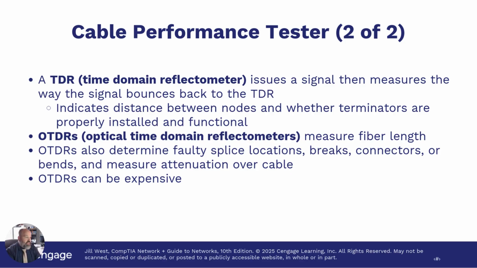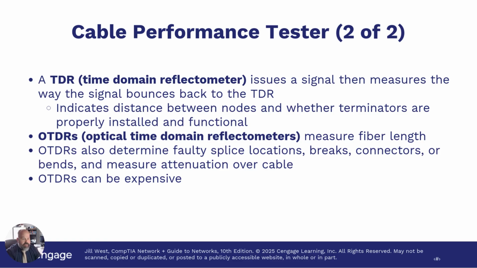Continuing with cable testing, we've got an acronym called TDR, which stands for Time Domain Reflectometer. What that does is it sends signals and measures how they bounce back, kind of like sonar of the network. It can tell you distances between devices and whether terminators are working properly. And then you've got OTDRs, which stands for Optical Time Domain Reflectometers, and it really does the same thing for fiber cables.